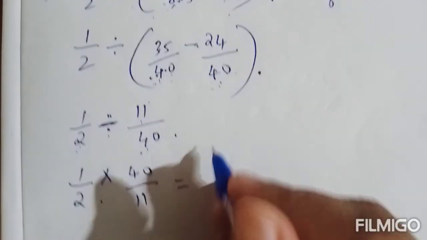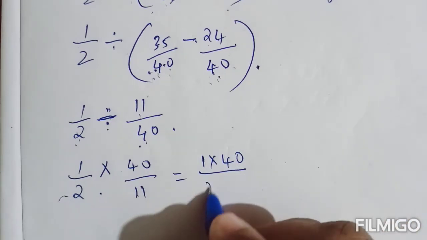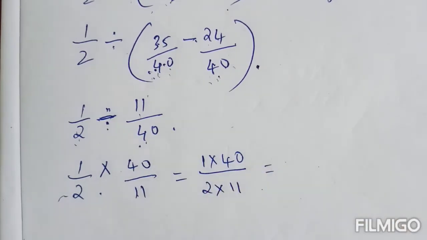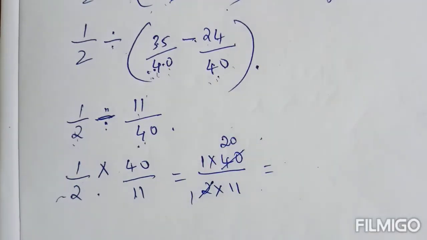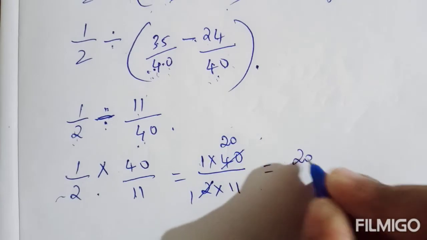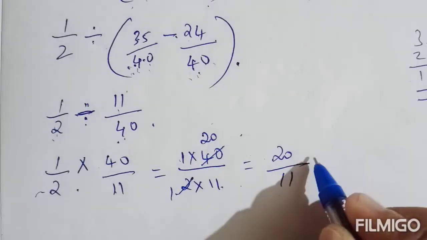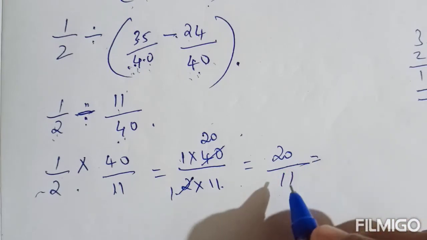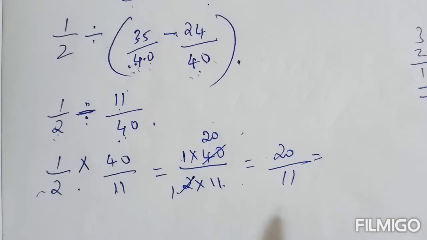So finding the product. Product of numerators 1 into 40 by product of denominators 2 into 11. So 2 and 40 will cancel: it is 20 here and 1 here. 1 into 20, 20 by 1 into 11, 11. Okay, this is an improper fraction. You can convert this to a mixed fraction.